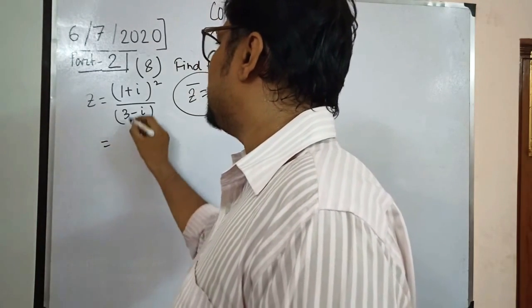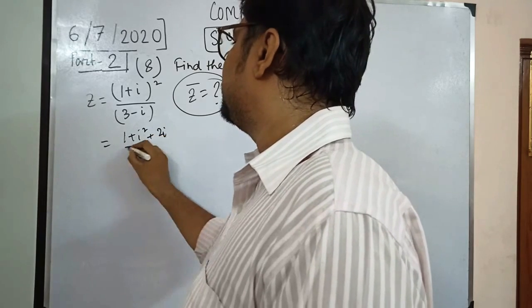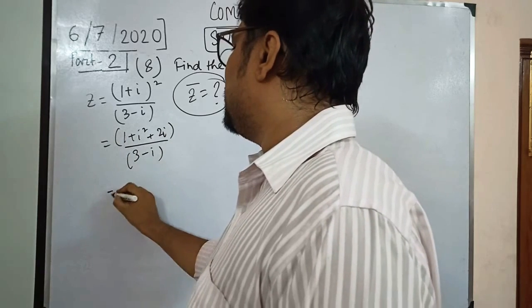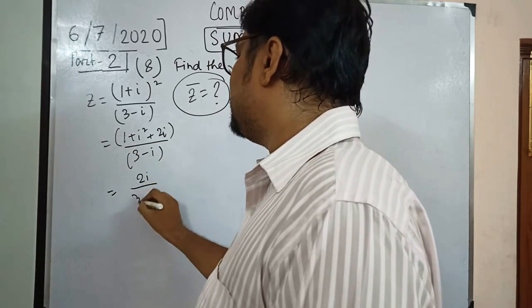So z equals to what? Expand it, you will get 1 plus i square plus 2i by 3 minus i. So here i square is minus 1, so these two cancel out. So 2i by 3 minus i.